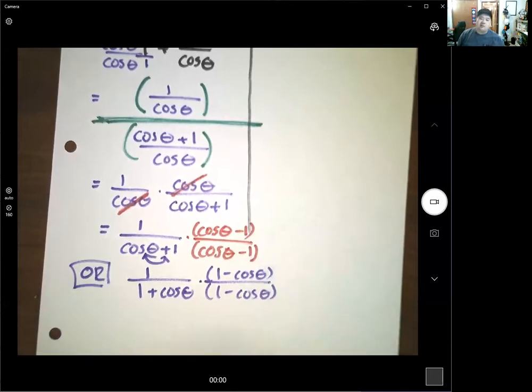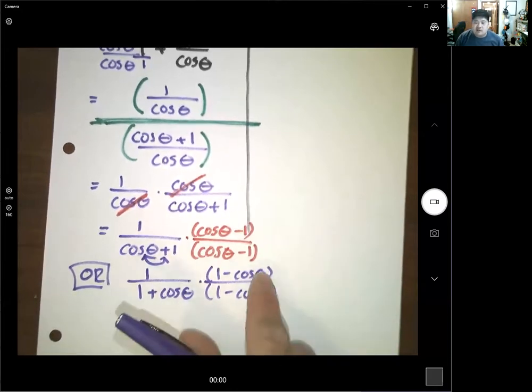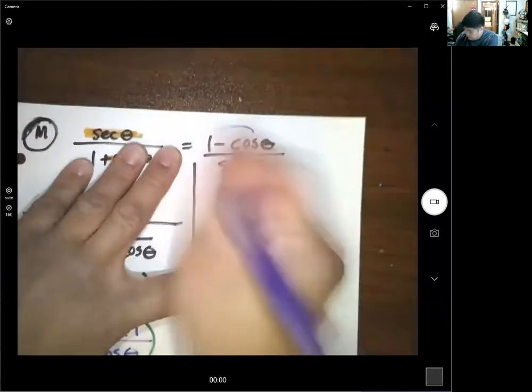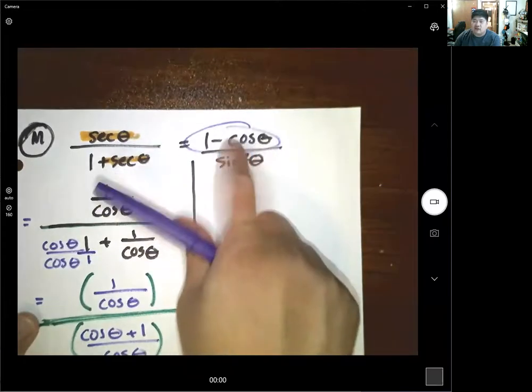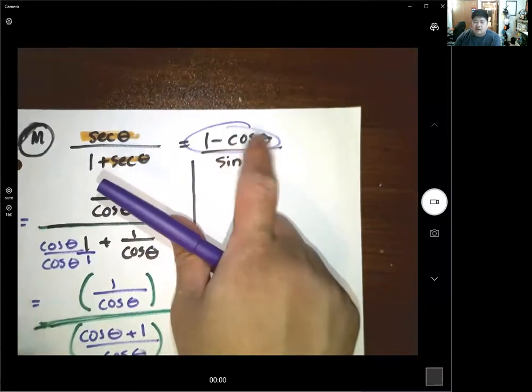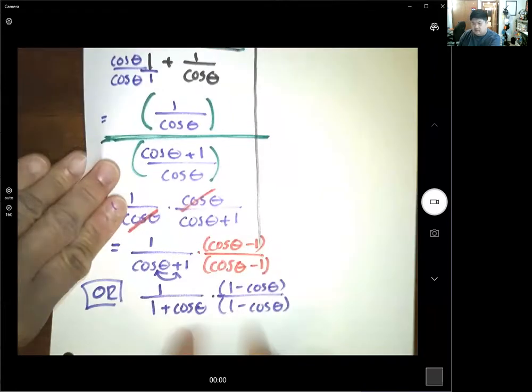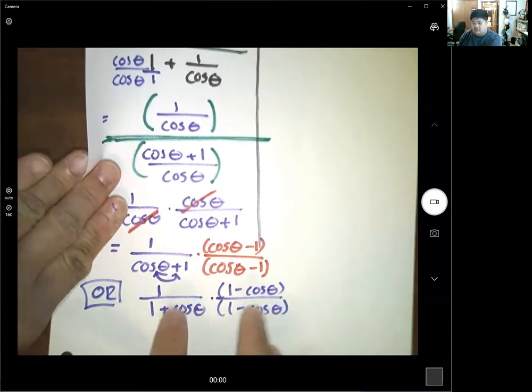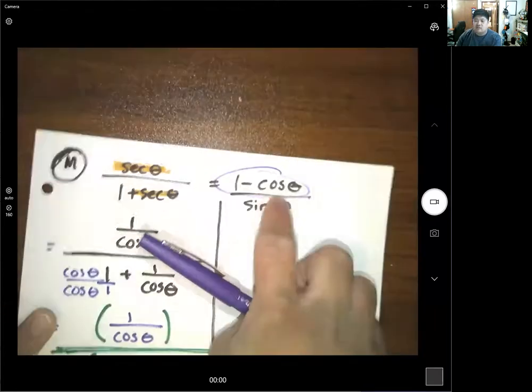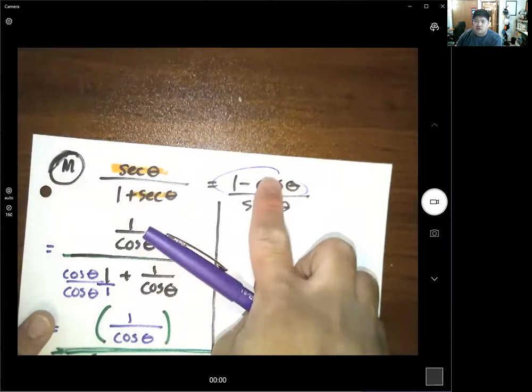It doesn't matter which way. Which way do you think I'm going to do for this one? Probably the second one, because I see 1 minus cosine of theta is what I need in the denominator to make a conjugate here, but it's what's in the numerator of what I'm trying to verify.